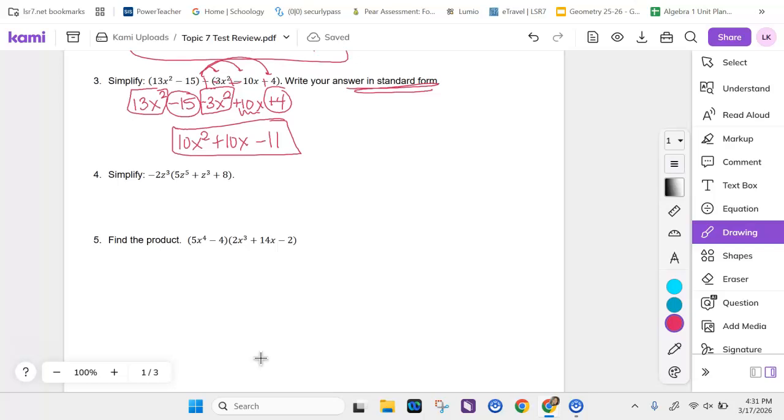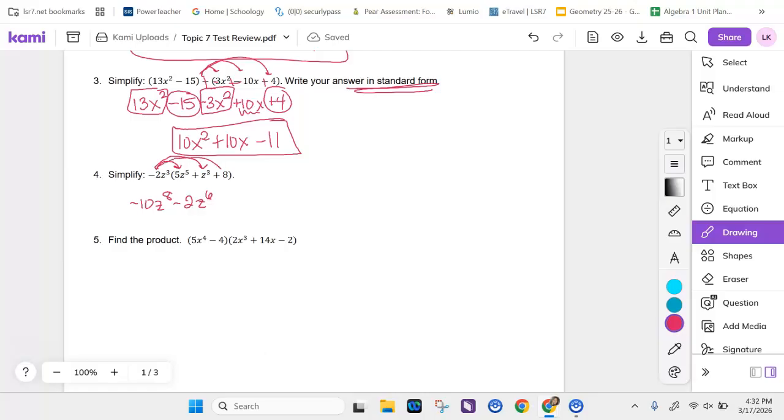Number 4 says simplify, so that means you're just multiplying. If I just distributed, I would do negative 2z cubed times 5z to the fifth, so negative 10z to the 8th. Remember, you add your exponents. Negative 2z to the third times z to the third, negative 2z to the 6th.